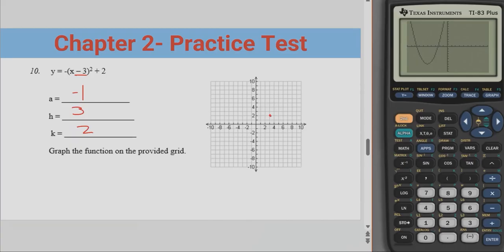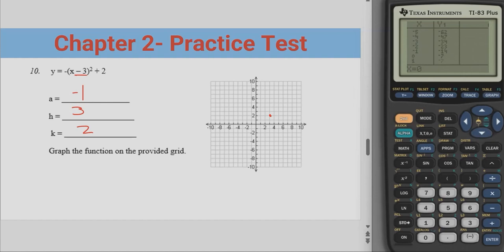Get that graphed out. I need some other data, so I'm going to type that into my equation editor: y equals negative (x minus 3) squared plus 2. Go to graph, get a sneak peek. I see that downward frowny. I'm going to go to table to get some values that I need.